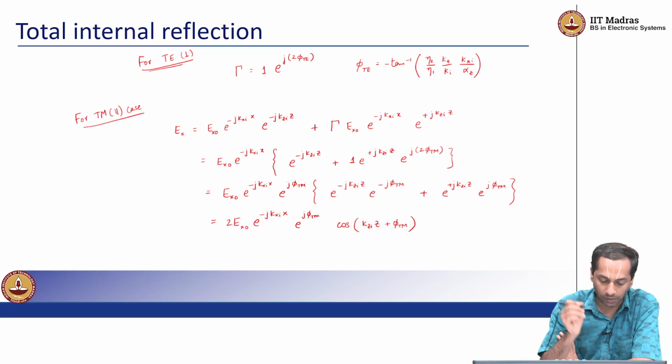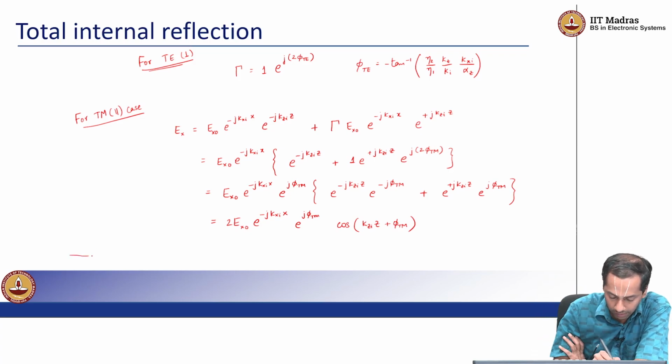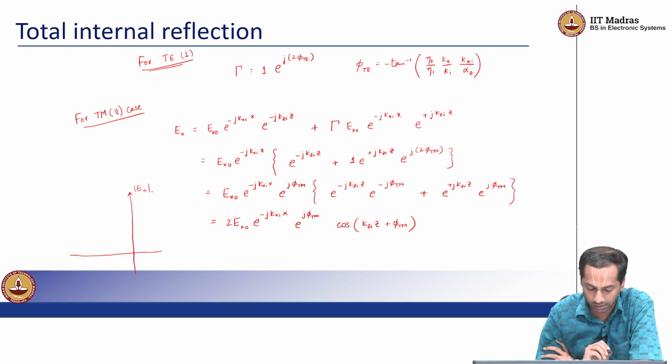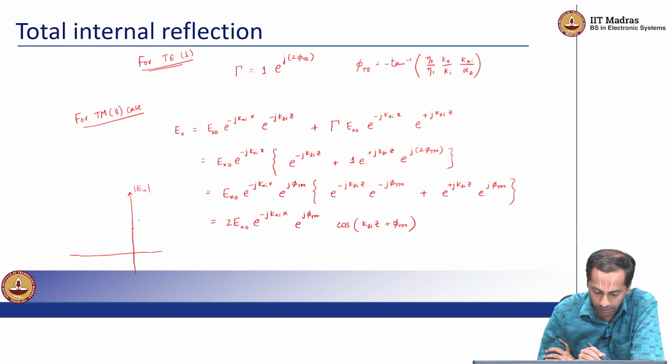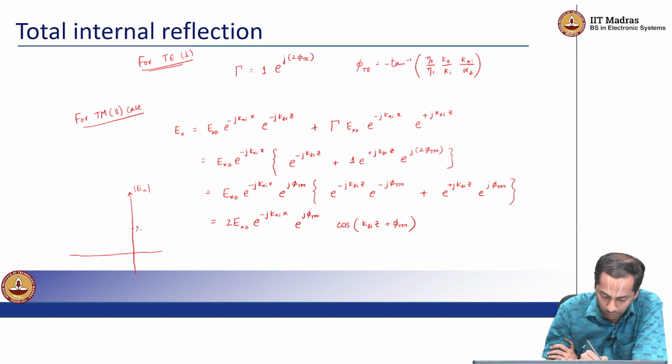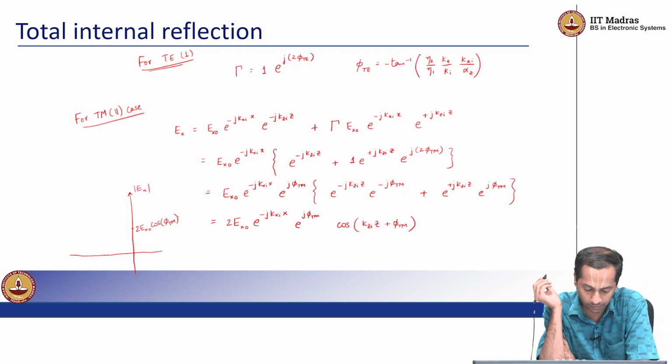Okay, so if we were to quickly look at this, if I were to plot just the magnitude of Ex, right? It starts off at some point, so this point is 2 Ex 0 cos phi tm, right?